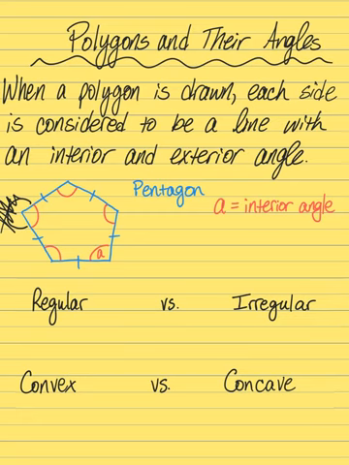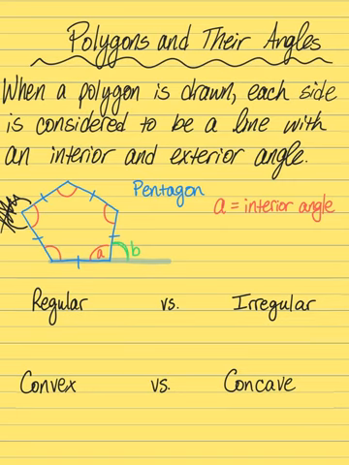So what I'm going to do is I'm going to take a highlighter, hopefully it'll be easy to see. I'm going to highlight one of the lengths of my polygon. And because of this extension, this is where I'm going to see my exterior angle. My exterior angle is the outside of one of the sides. I'm going to call this angle B.